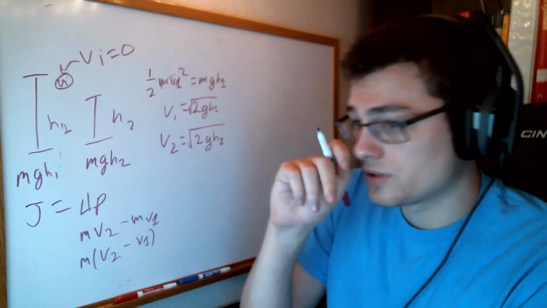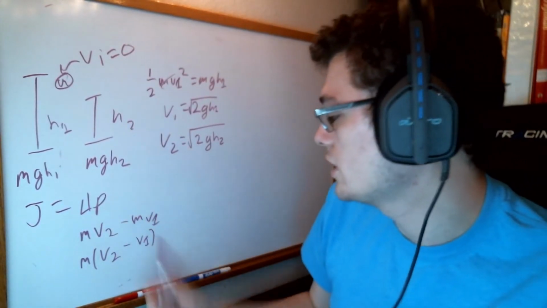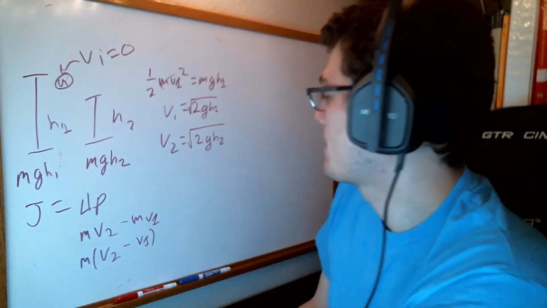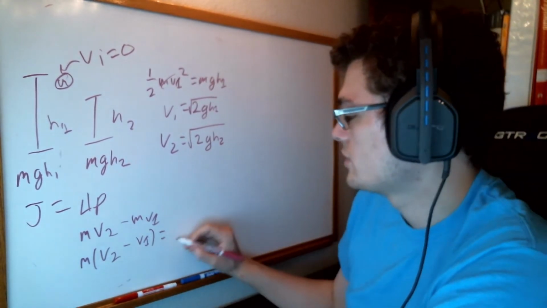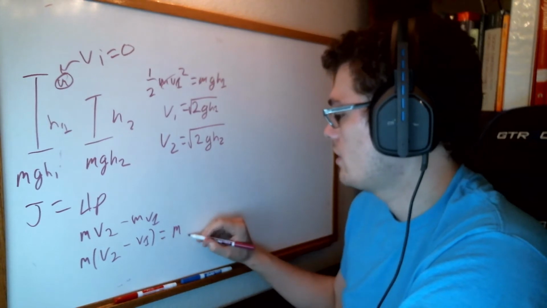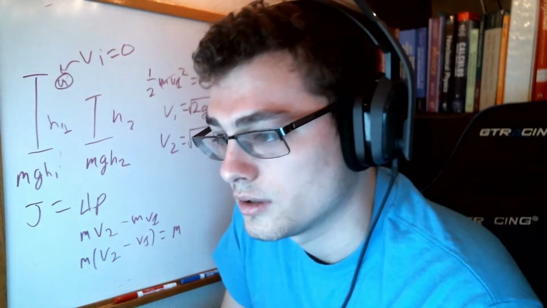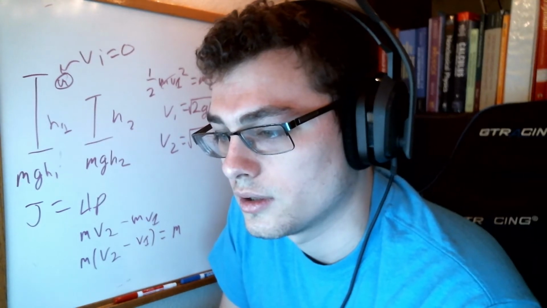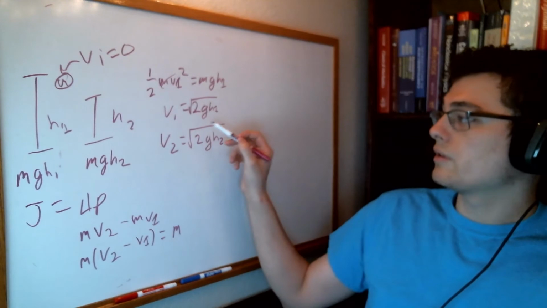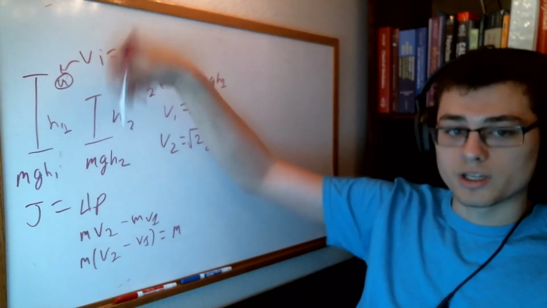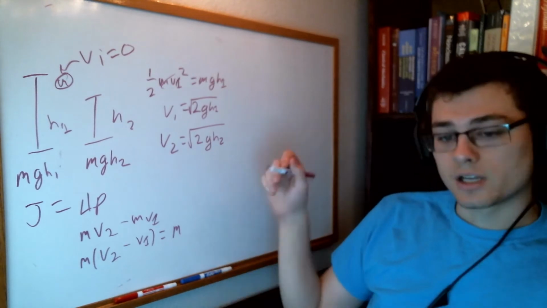Then we can plug these values for v into our equation for impulse, and then we have to be careful about our signs here. Since we have a minus here, this velocity is going to be pointed downwards since it's about to collide with the floor and it's getting closer to the ground.